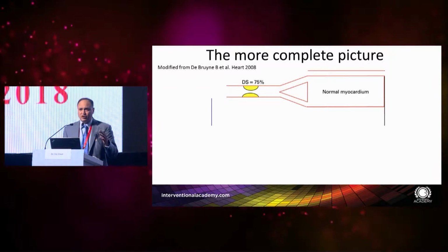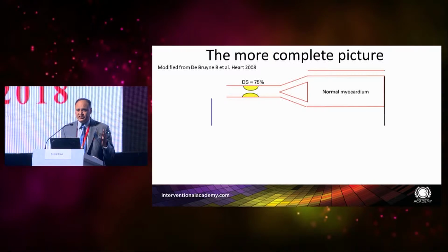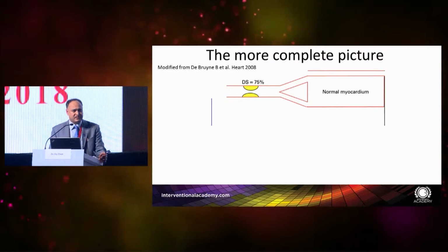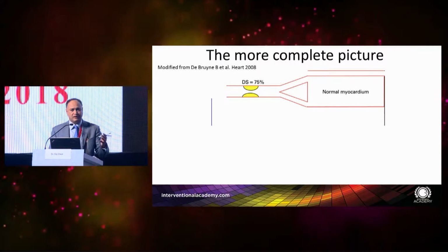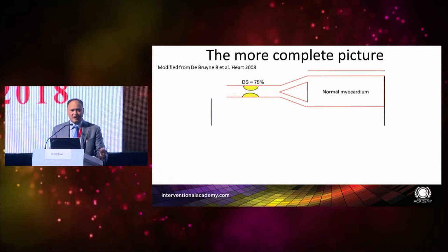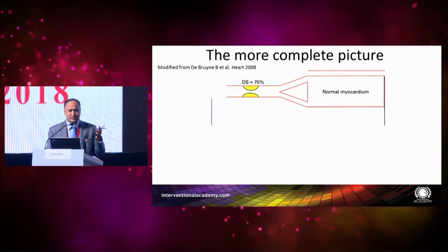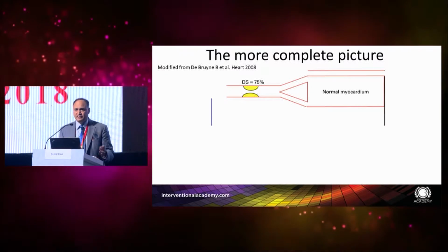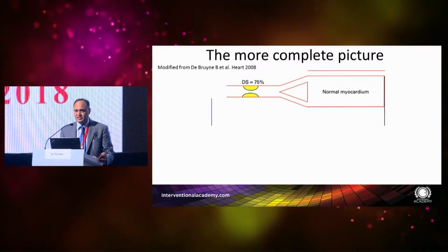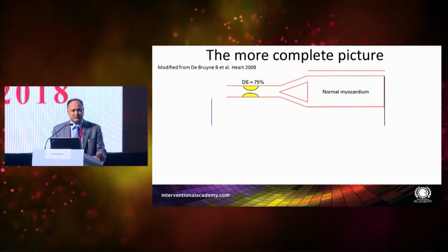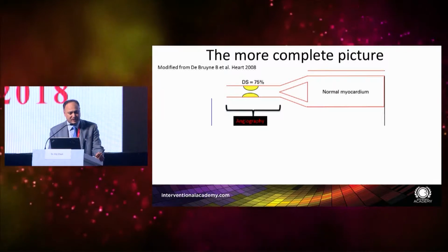FFR gives you a more complete picture. Let's look at an artery that has angiographically 75% stenosis and supplies a small amount of myocardium. Think about an example where you have an LAD with a 60% long stenosis in the mid-segment and a small circumflex coronary artery with 75% stenosis. By angiogram, this circumflex supplies a small amount of myocardium.